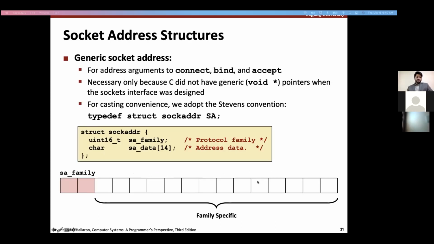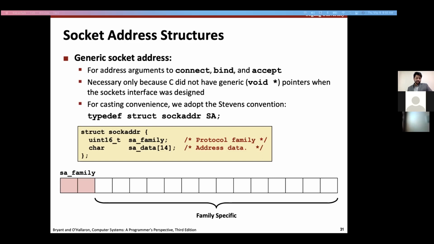So what is the data structure used for these socket address structures? For generic socket addresses, address arguments are used by basic functions like connect, bind, and accept. These functions require a pointer to a protocol specific socket address structure. The problem faced by the initial designers of the socket interface was how to define these functions to accept any kind of socket address structure.